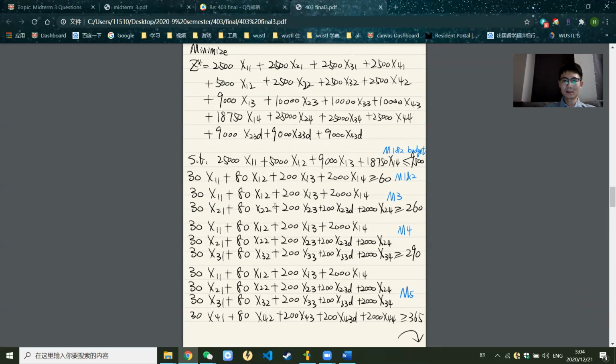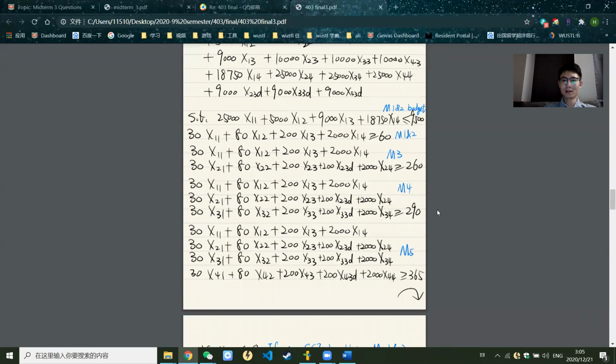In the second month, we need to satisfy 60 people, and in month 3, we need to satisfy 260 people, because in month 3, we will have an additional 200 people to the 60 people in the first and second months. So it's 200 plus 60 is 260. And the same thing for month 4 and month 5. It's just an additive right-hand side.